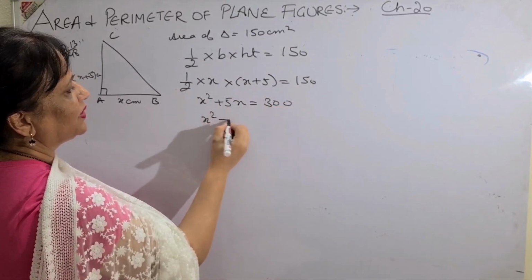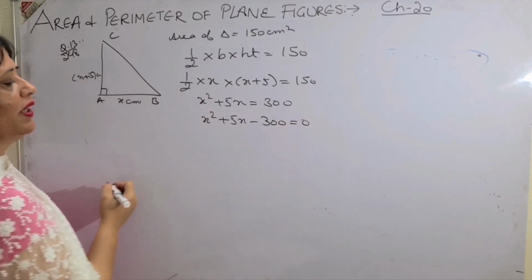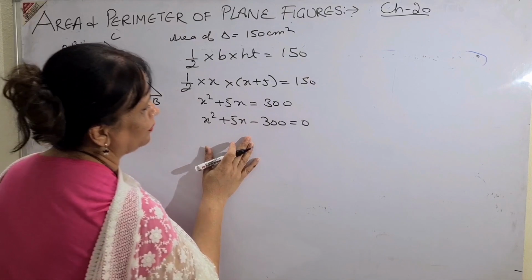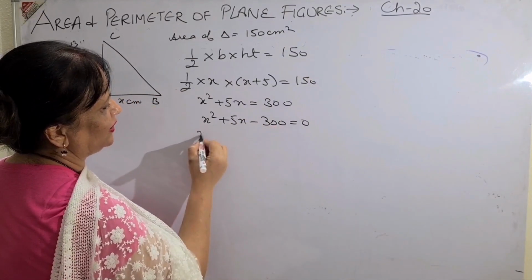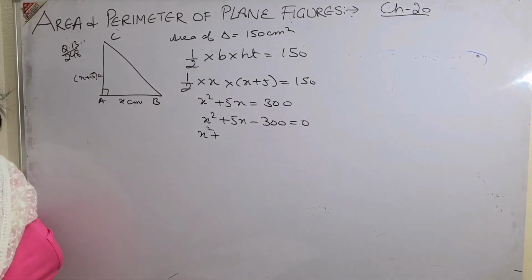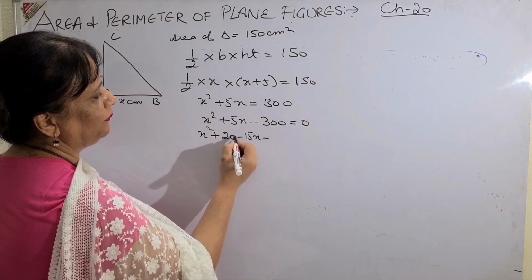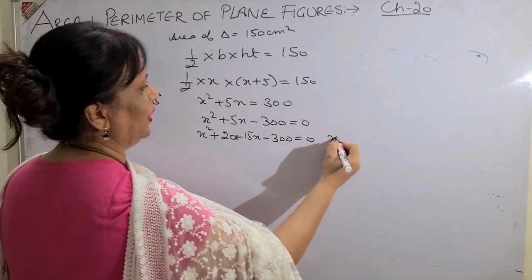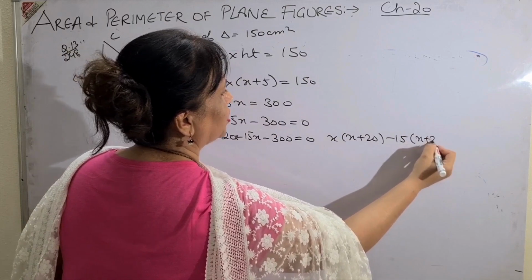And this type of sums you have done, these are sum and product sums you have done before in class 8 as well as in 7. So you know you have to find two numbers whose sum is 5 and product is 300, and this is very simple. All of you know that 20 into 15 is 300. So x square plus 20x minus 15x minus 300 is equal to 0, or x common, (x plus 20) minus 15 common, (x plus 20).